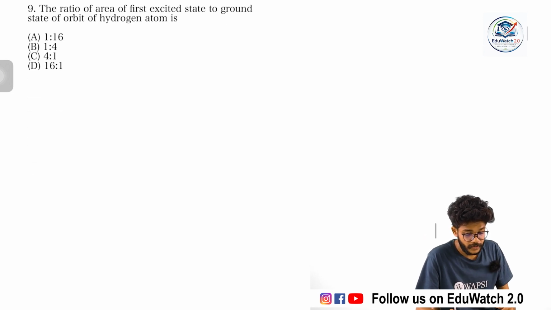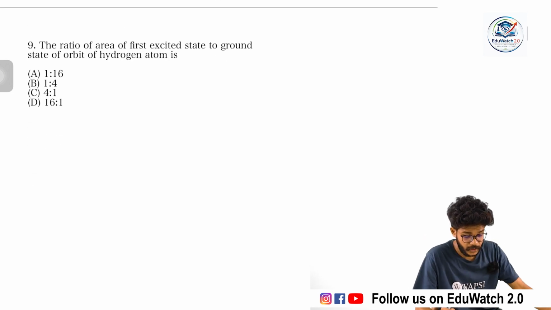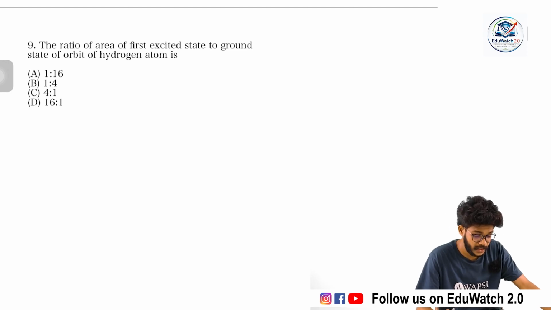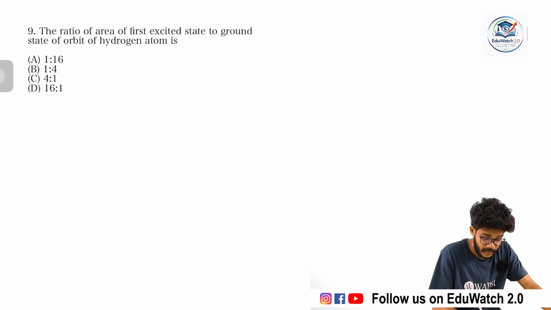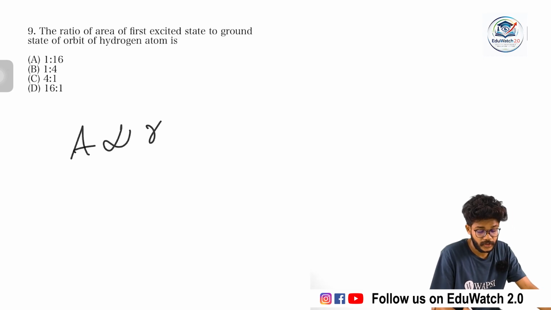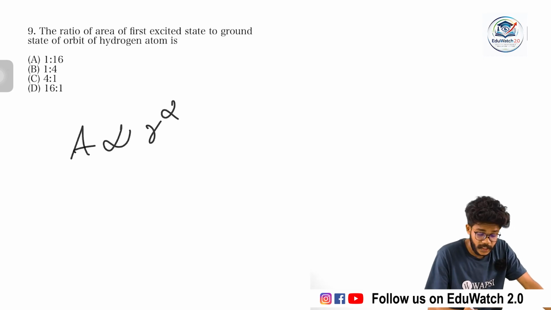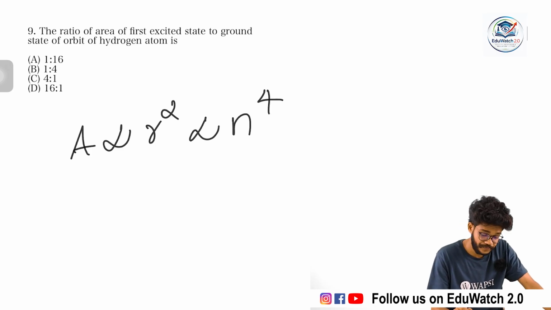The ratio of the area of the first excited state to the ground state orbit of the hydrogen atom is 1:16, 1:4, 4:1, 16:1. These are the options, but we have to find the area. Area is proportional to r square, and r is proportional to n square, so area is proportional to n raised to 4.